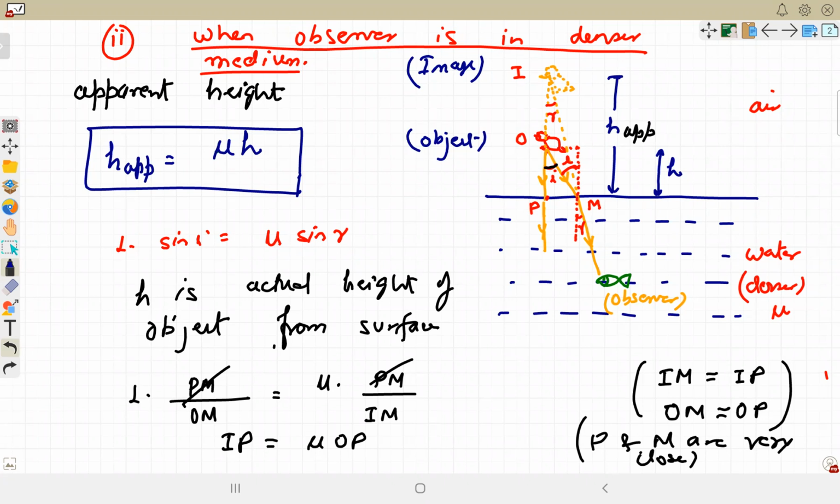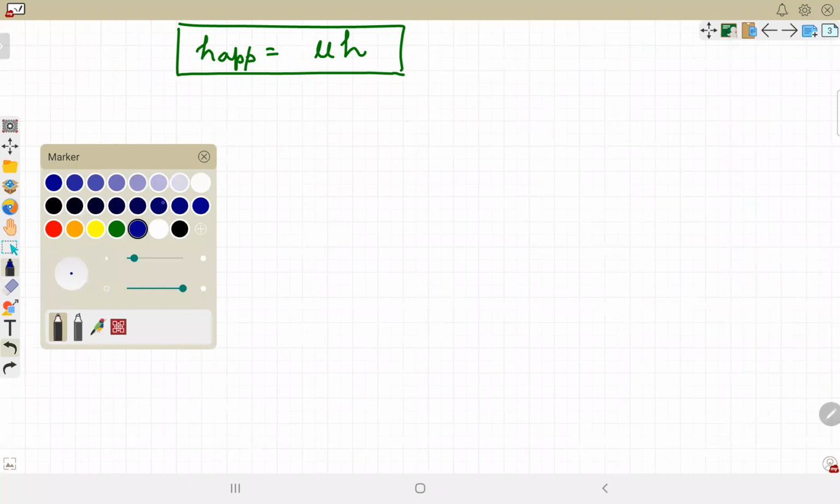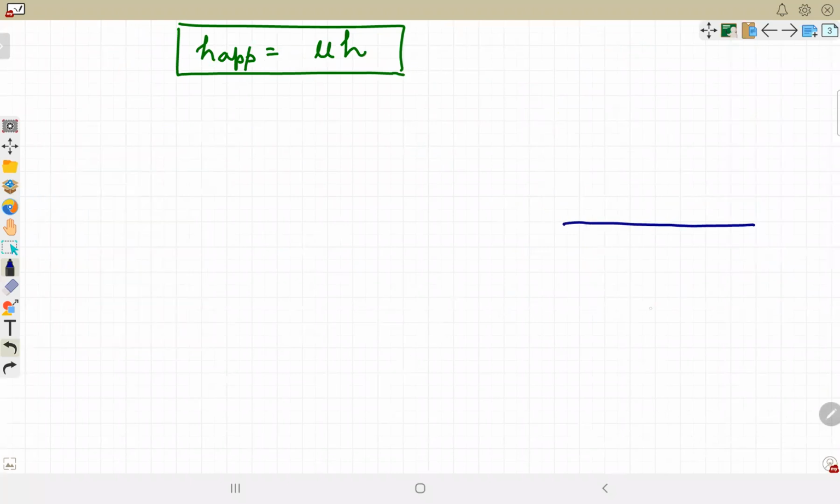Yes. So if we take a common question, suppose there is a fish and a bird. This is a fish. Let's say it is 32 centimeter below the surface, and there is a bird 60 centimeter above the surface.